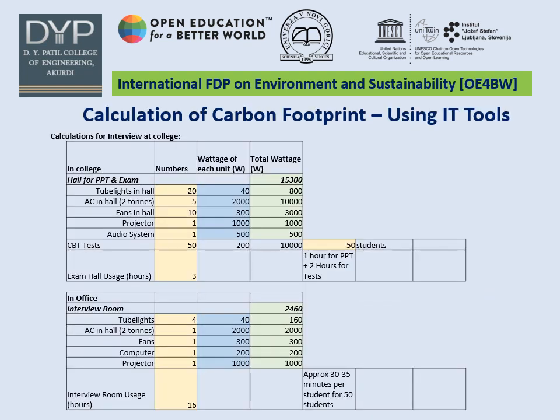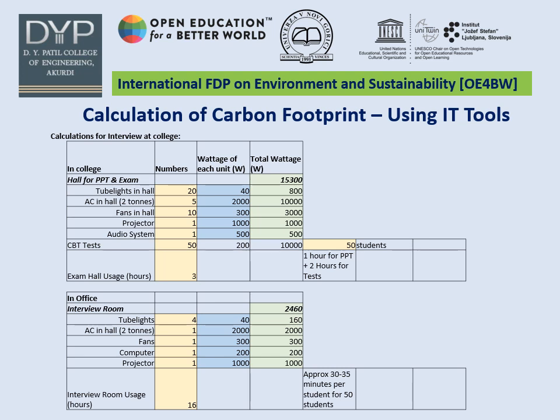In case we are using IT tools, the calculation of carbon footprint has been shown in this slide. We will observe that the paper assessment, the aptitude test, and the technical step have been removed and taken over by the CBT test.